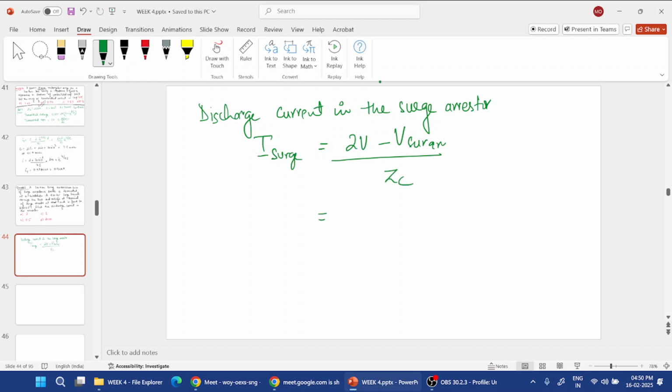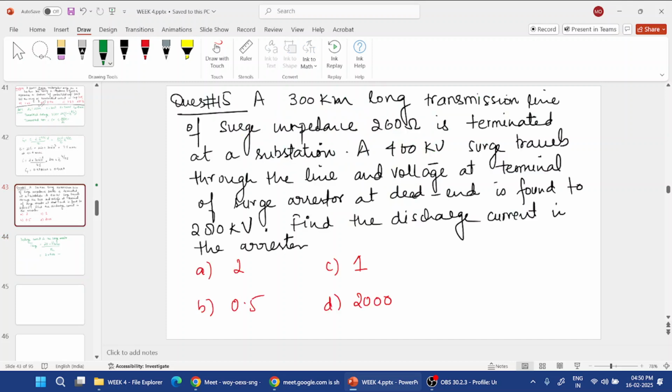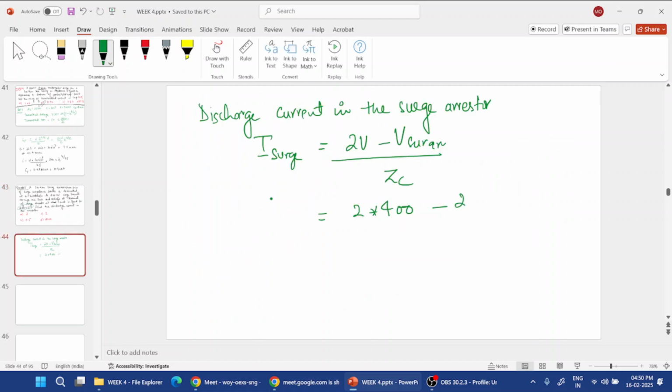Here V is 400, so 2 into 400 minus the arrestor voltage, which is 280 kV, because the line voltage at the dead end is found to be 280, divided by the surge impedance, which is 260.